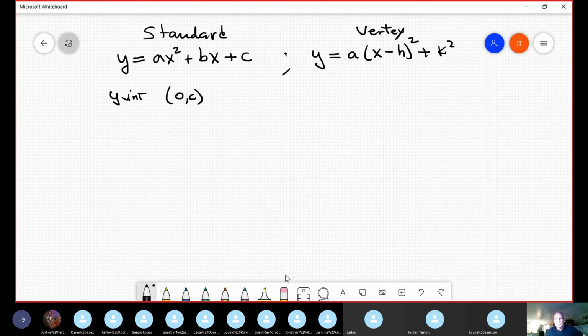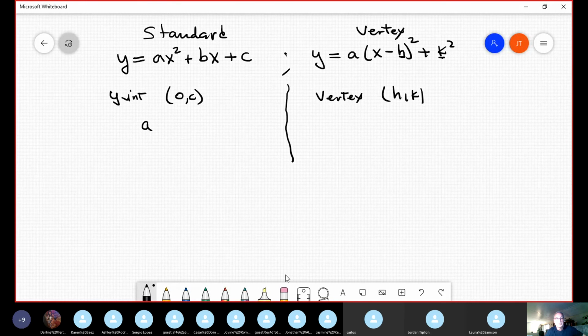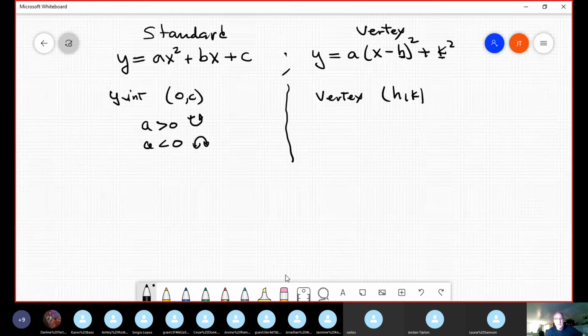The second is convenient when you want to find the vertex, because the vertex is (h, k), and h is this number and k is this number. Both are good to find the direction, because a controls the direction. When a is positive, up. When a is negative, down. And a is a common parameter in both, so it's the same.